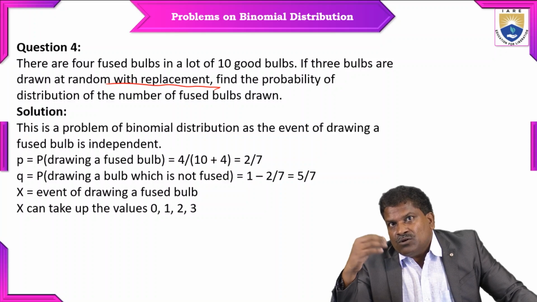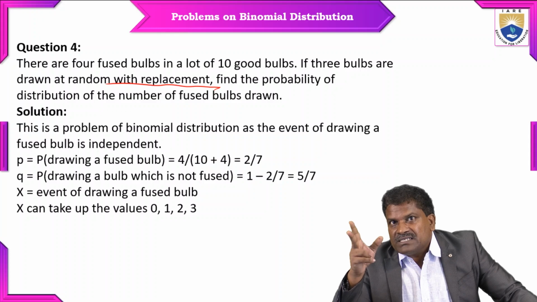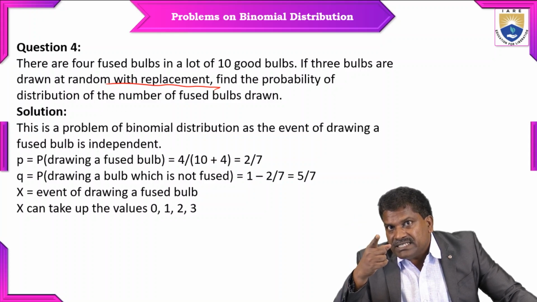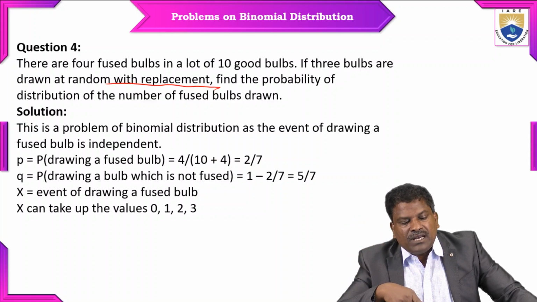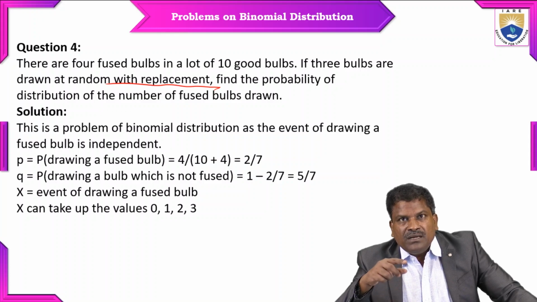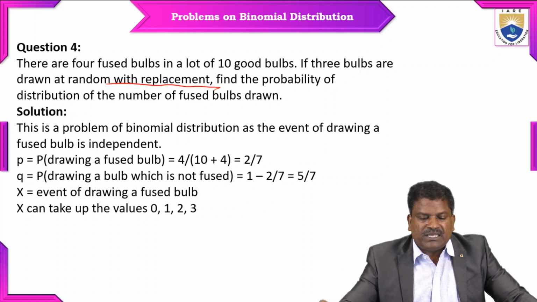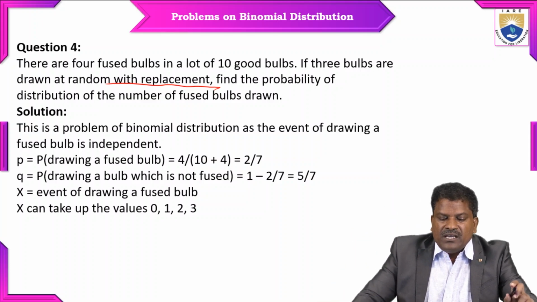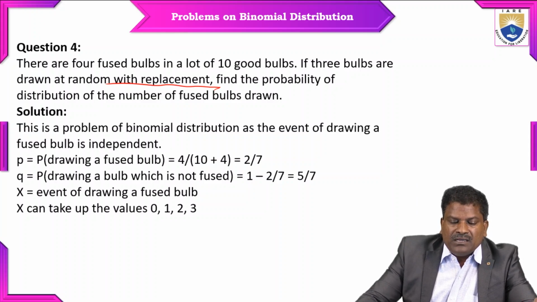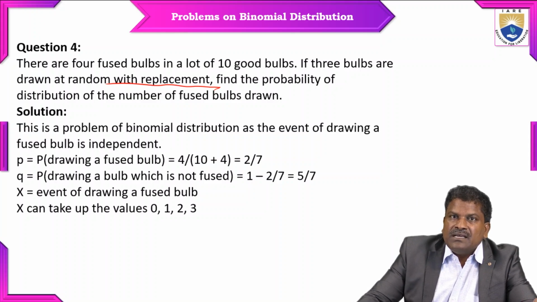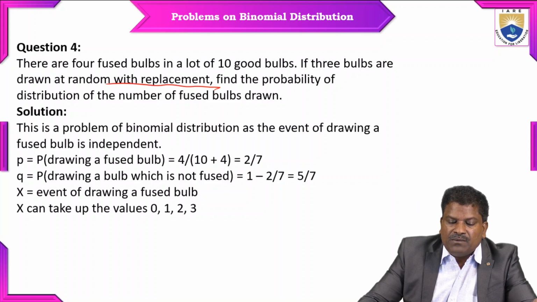In no replacement, we should not add. That is the difference. So here a replacement case is there. That's why the total number of bulbs will become 10, and again this 4 we have to add. So 4 by 14, it is 2 by 7. Suppose it is a case of no replacement, then the p value will become 4 by 10 only. So that difference is there.